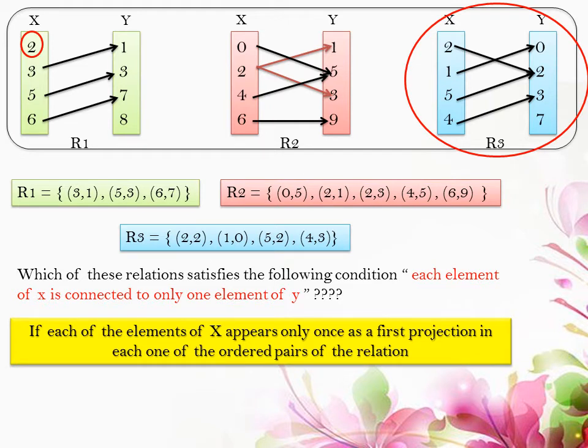So we can say that a relation from x to y is said to be a function f if each of the elements of x appears only once as a first projection in one of the ordered pairs of the relation R. Again, if each element of the set x appears only once as a first projection in the ordered pairs of the relation, that is called a function.